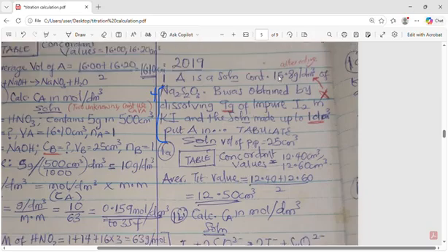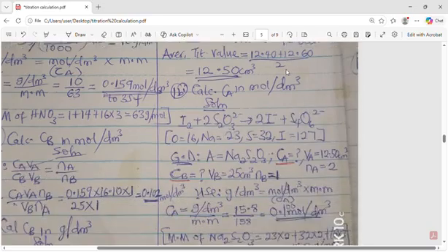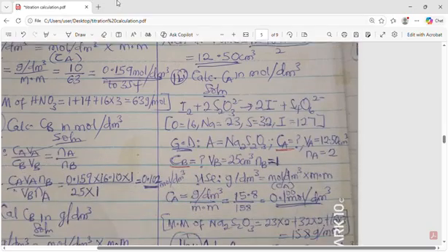For A, there's 15.8 grams per dm cube. So as part of my parameters, I ought to write 15.8 grams per dm cube.